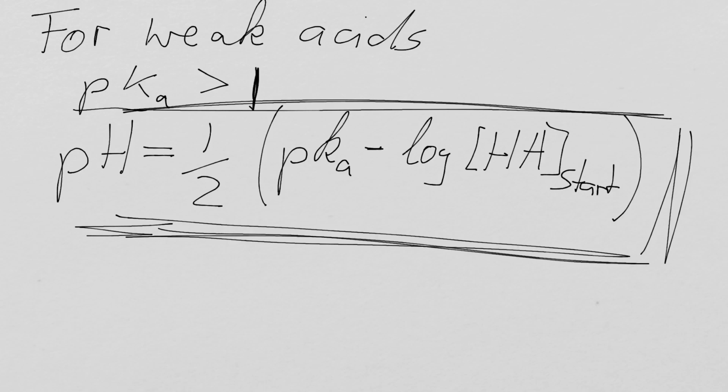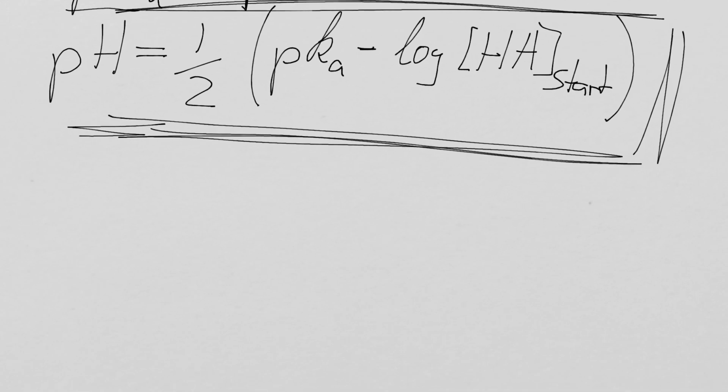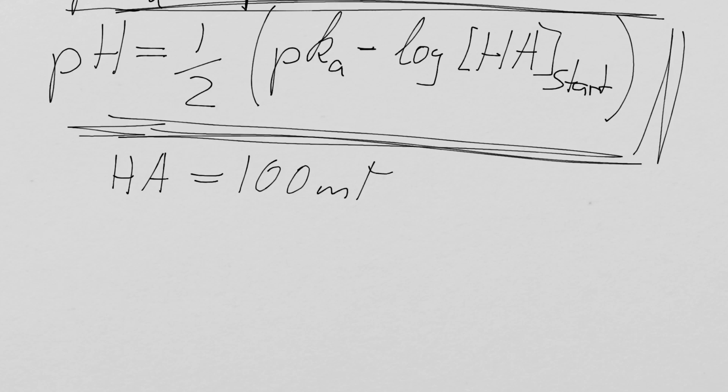Let's do a quick example for that. So we said earlier we have an HA with 100 millimolar, and this dissociates and produces 10 millimolar of protons.